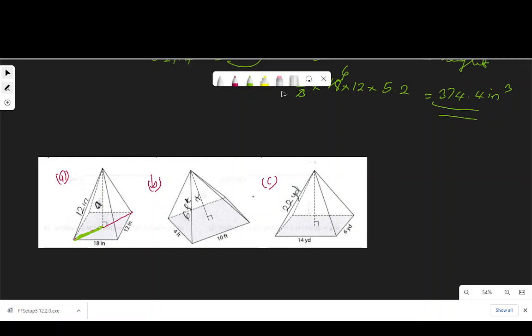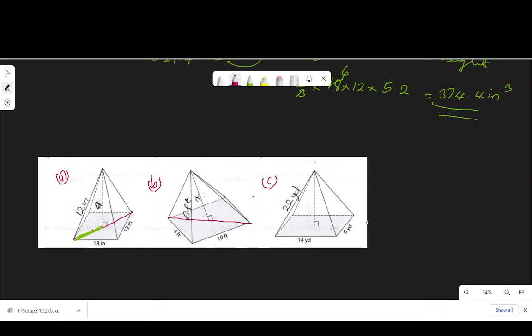So we need to calculate it first. To calculate it, let's get the diagonal of the pyramid. I'm going to draw the diagonal from here down to this place. Anyway, I can still use that, because this triangle is very clear for us to use.